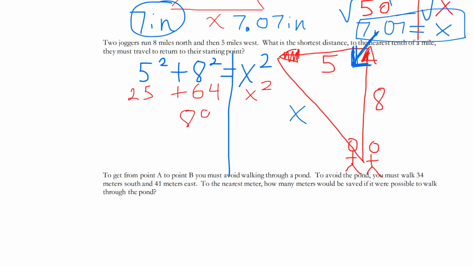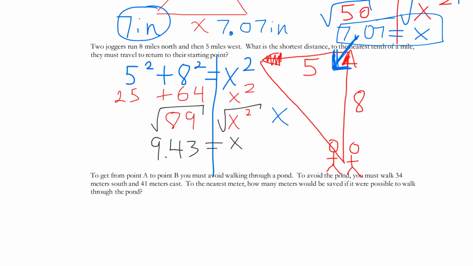So 89 equals x squared. And what's the square root of 89? 9 point what? 43. And this has to the nearest tenth, so that's one place after the decimal. So 9.4 miles.